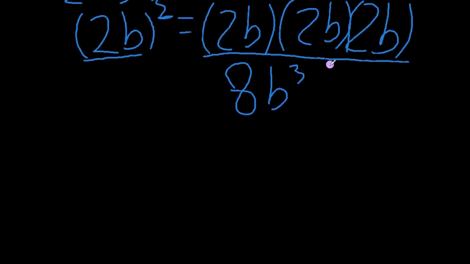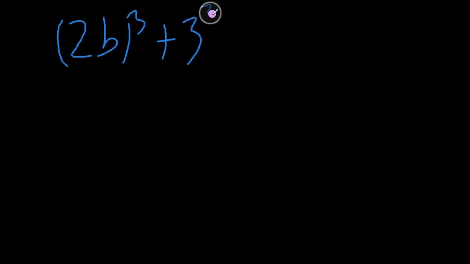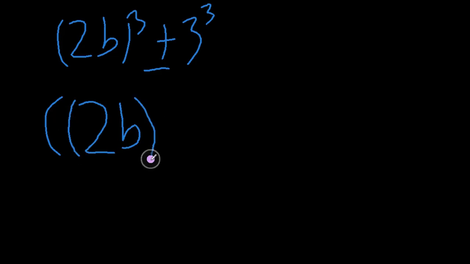So now let me actually go through and solve that. I had 2b quantity cubed plus 3 cubed. Since it's a plus, I'm going to be doing the sum. So I'll write a, which is in this case 2b, plus b, which is 3.